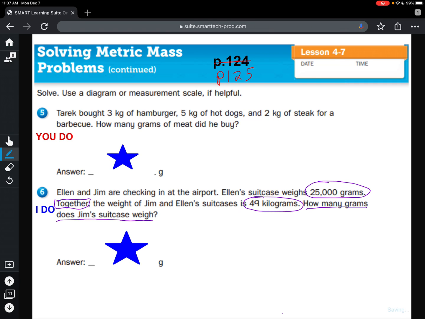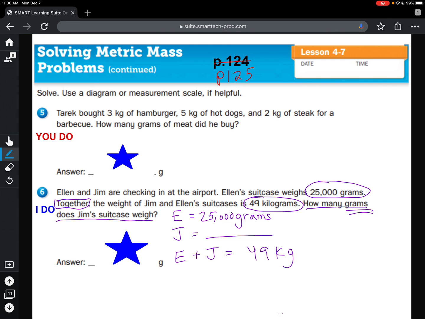So what I know here is that Ellen's suitcase weighs 25,000 grams. I'm making sense of the problem. I don't know how much Jim's weighs. That's what I'm trying to solve. But I do know that Ellen plus Jim is 49 kilograms. And my question wants to know how many grams does Jim's suitcase weigh.